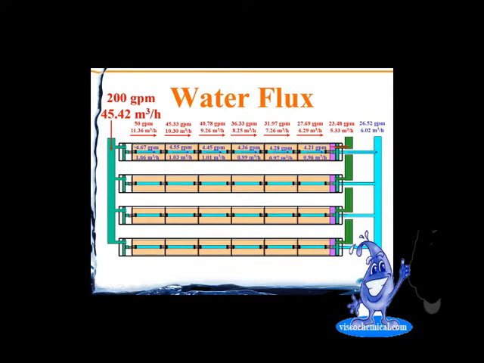So in the pressure vessel, the GFD is highest in the first inch or centimeter and lowest in the last. Water flux, again, permeate flow per given area of membrane per given amount of time, is the main controller of your fouling rate. Since GFD is highest here, that's going to be your highest fouling rate.